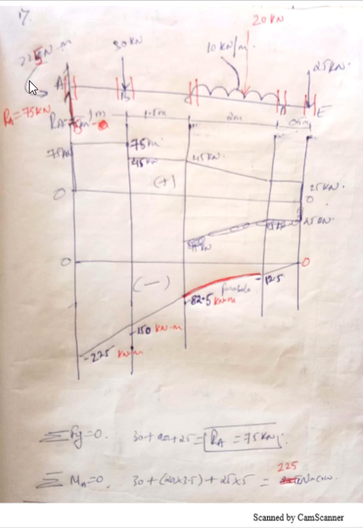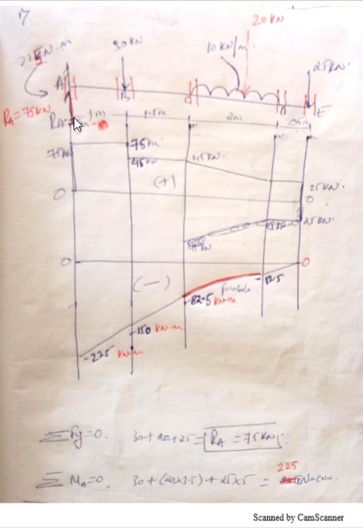Then this reaction moment is because of the sum of the moment due to the 30 kilonewton force, the moment due to the 20 kilonewton force, and the moment due to the 25 kilonewton force. Okay, if I get a clockwise moment, I'll take it positive. If I get an anti-clockwise moment, I'll take it negative with respect to point A. Coming from the right side, there is a force of 25 kilonewton.